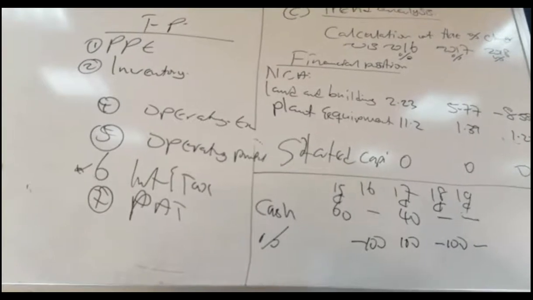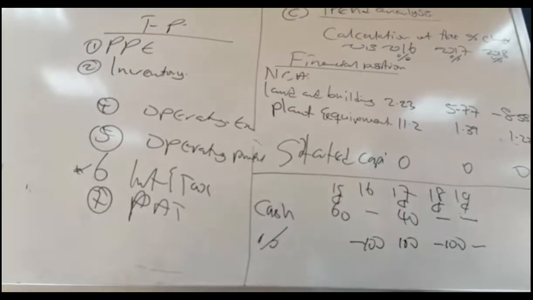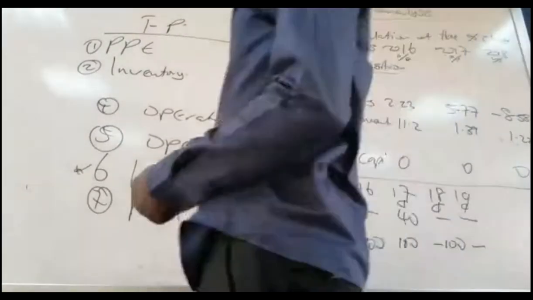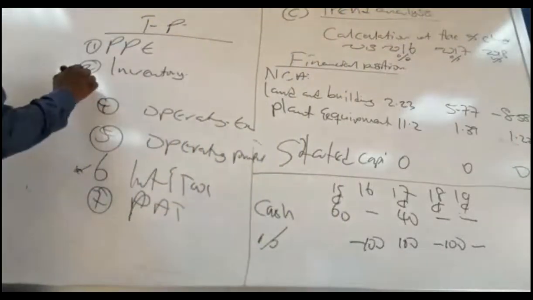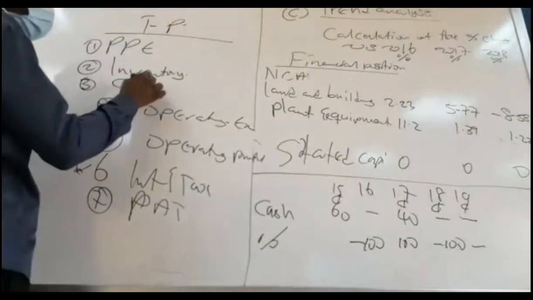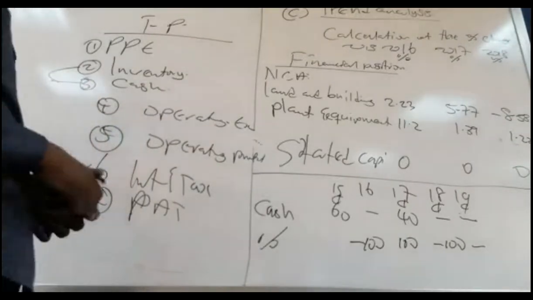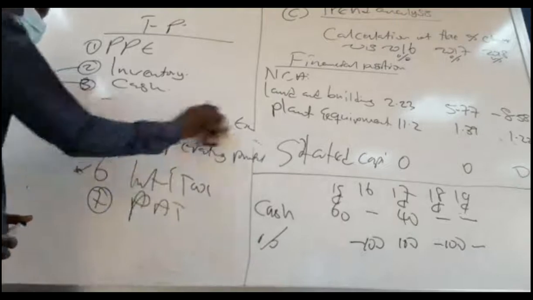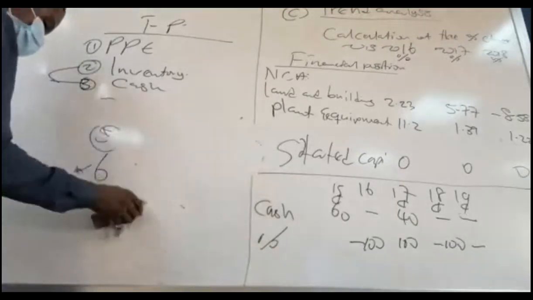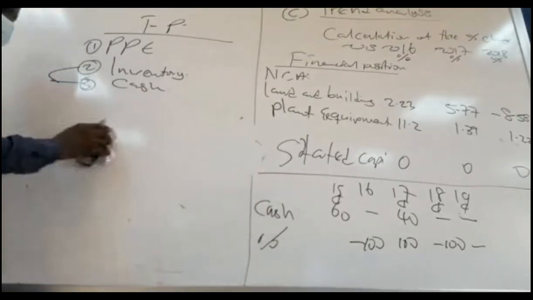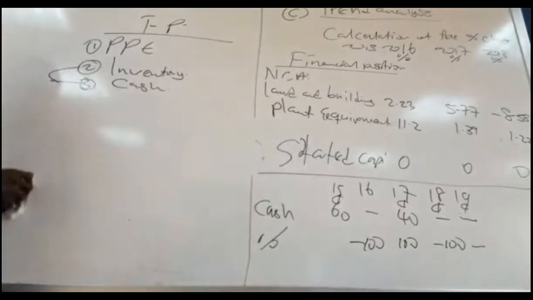Then from inventory, you look at the impact on cash. All these ones, you need one, optional. They're not compulsory. So we can add that it's a bad sign. Alright.